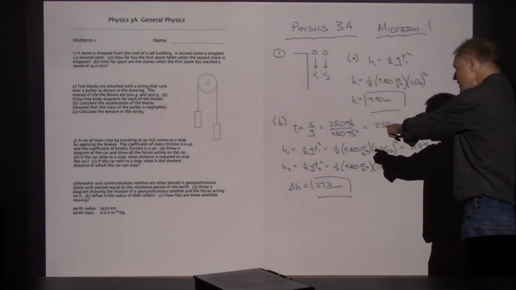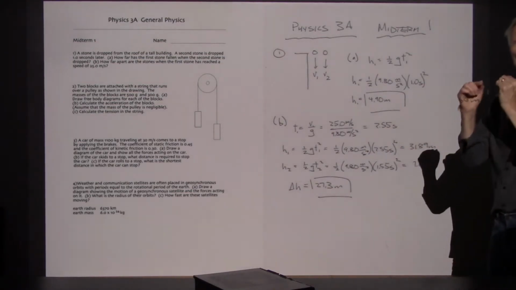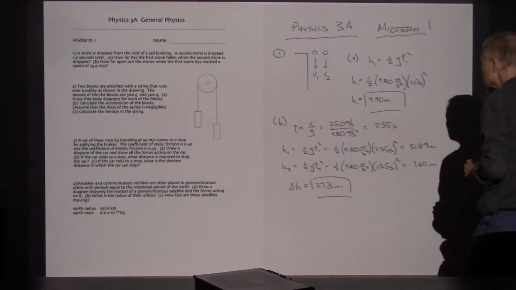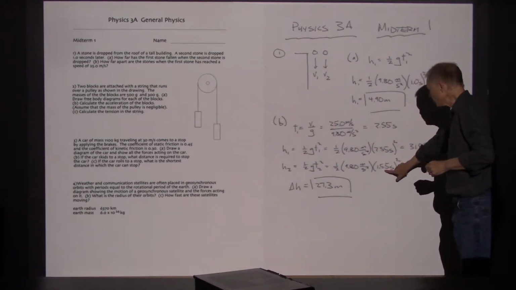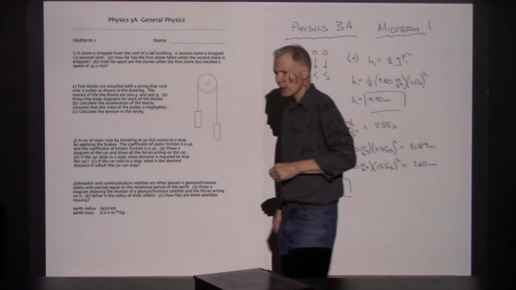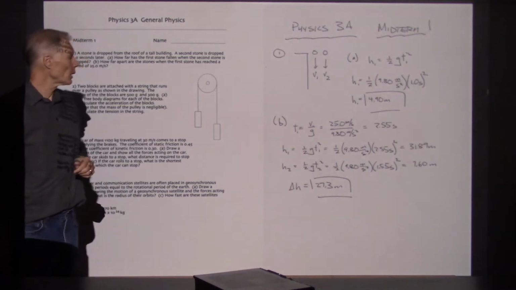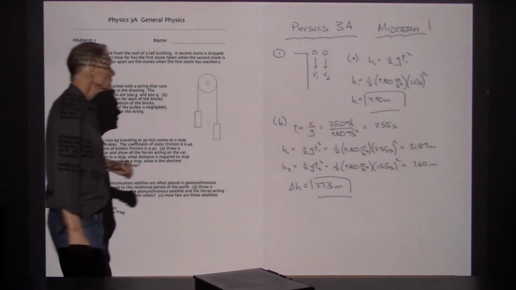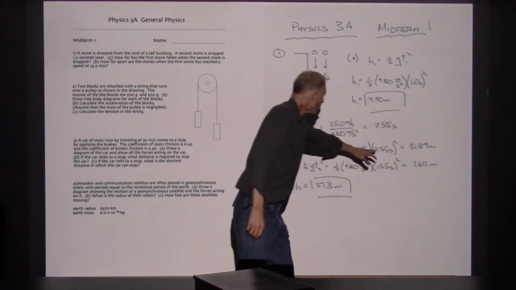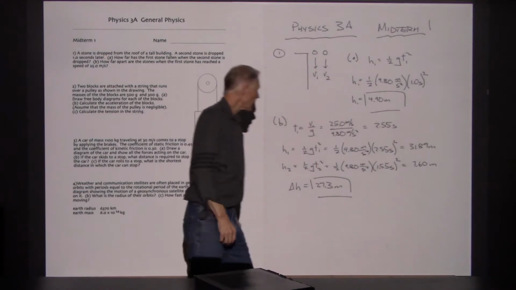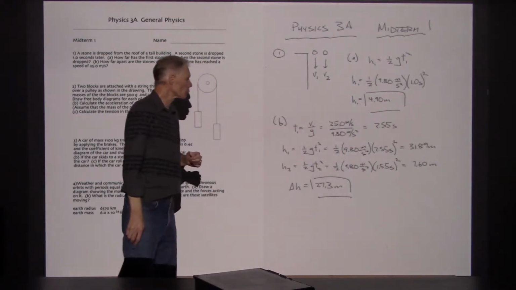Now remember, the second stone is going to be dropped 1 second later, exactly. And so for the second stone, it's only been falling 1.55 seconds. And so that's the time value put into that equation. So it's the same equation, but we have put in different times based on when these stones were dropped.